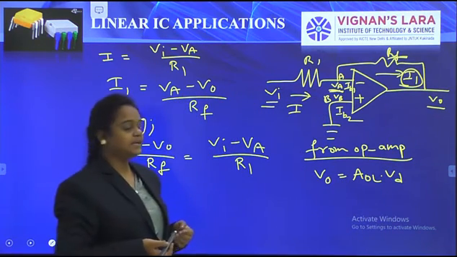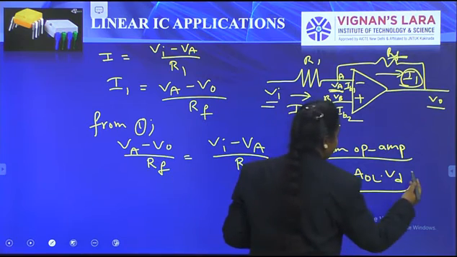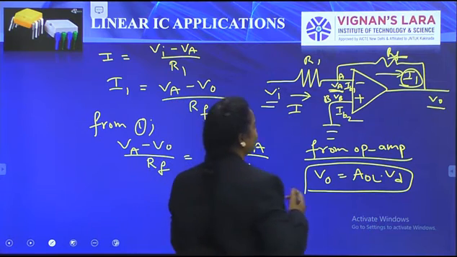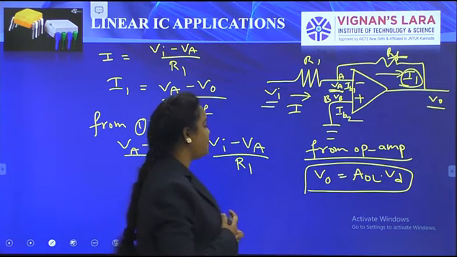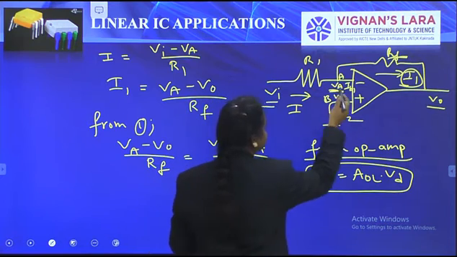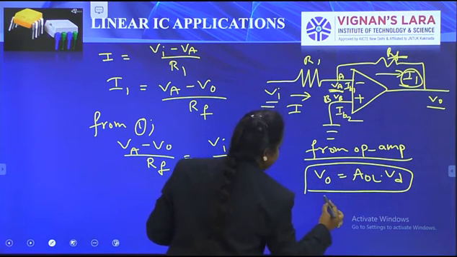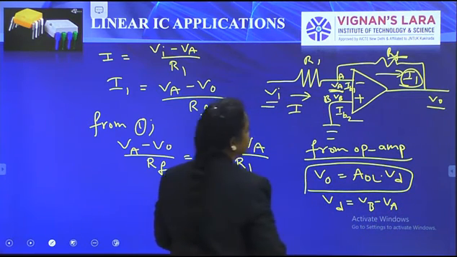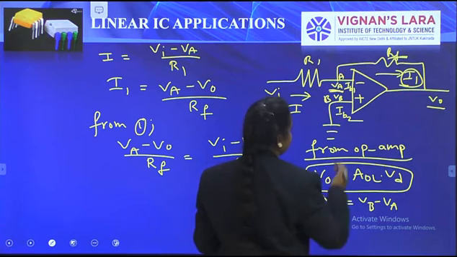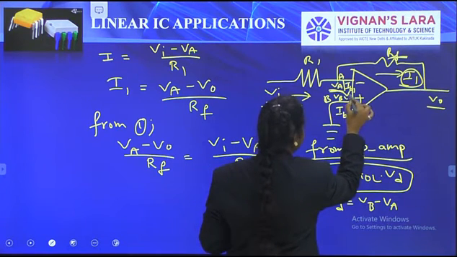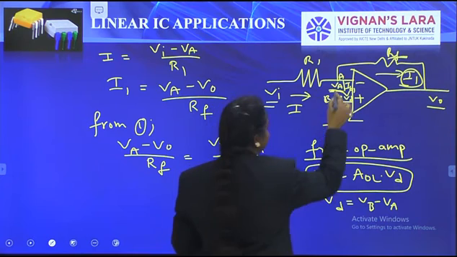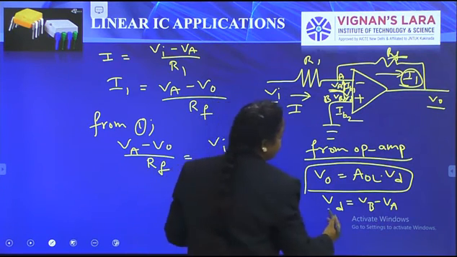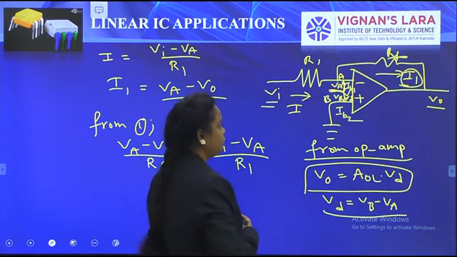In this practical operational amplifier, the differential voltage between the inverting and non-inverting terminals, VD, is given as VB minus VA.